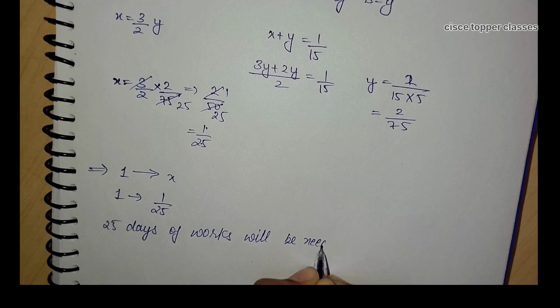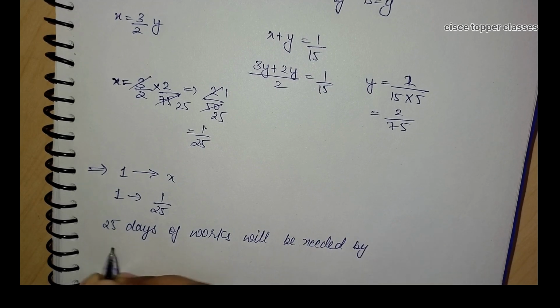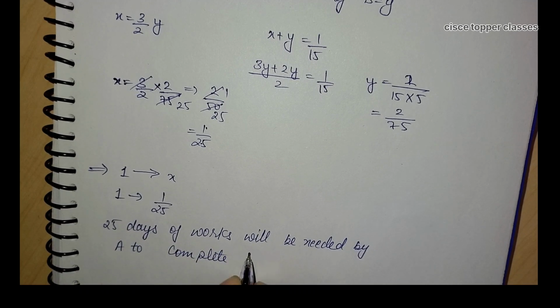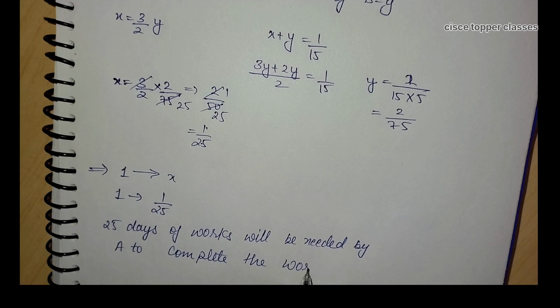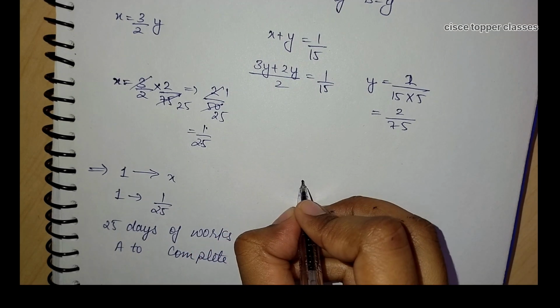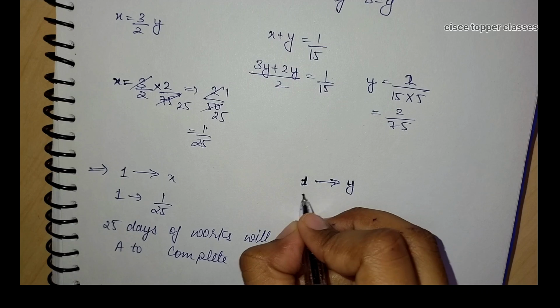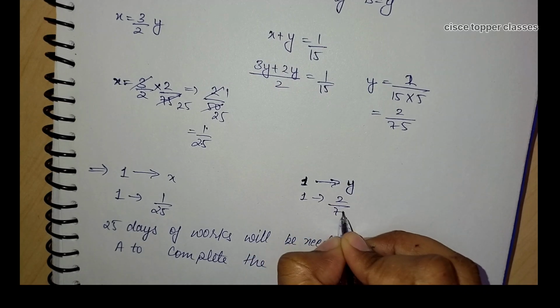by A to complete the work, and here one day work of B is Y, means it is 2 by 75.